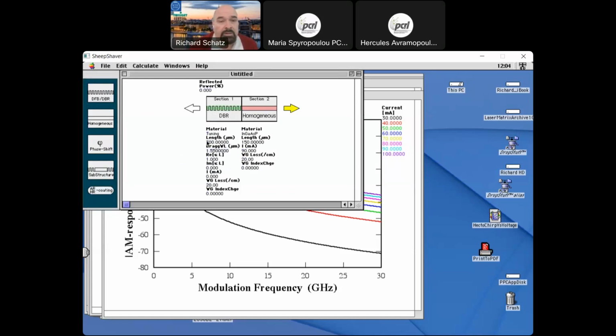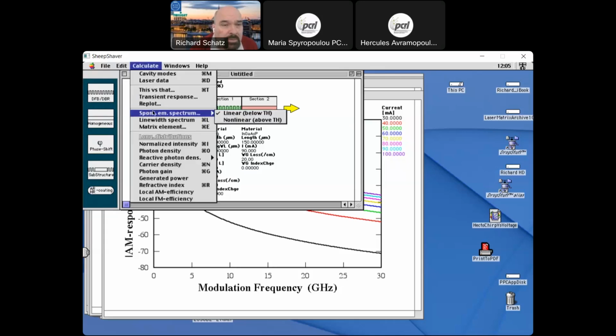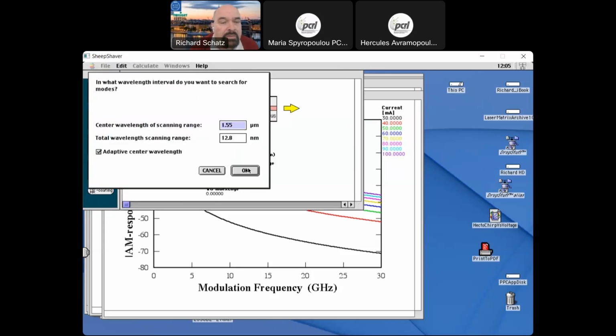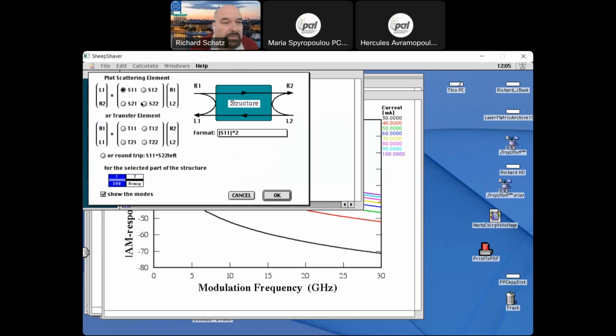Then you remember the Fabry-Perot device had many modes. However, this grating will select only one mode. We can look at the reflectivity S22 of this grating and then look where the modes are.